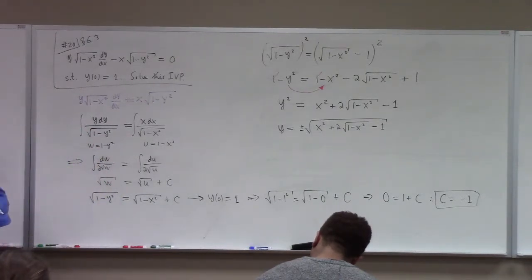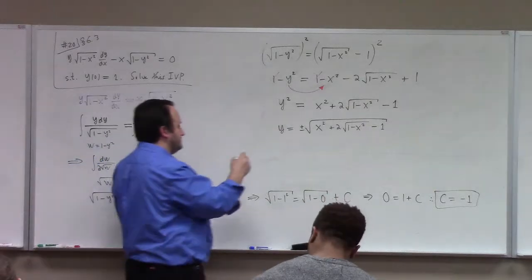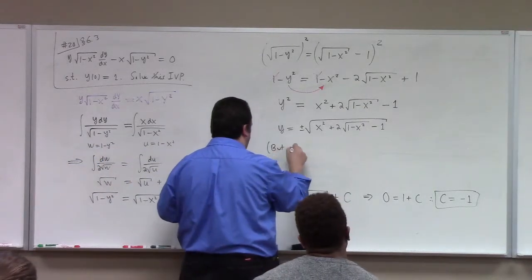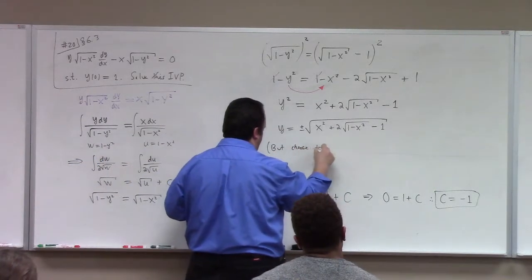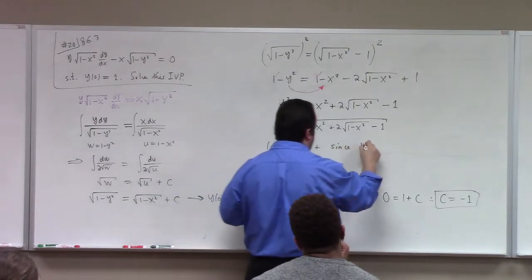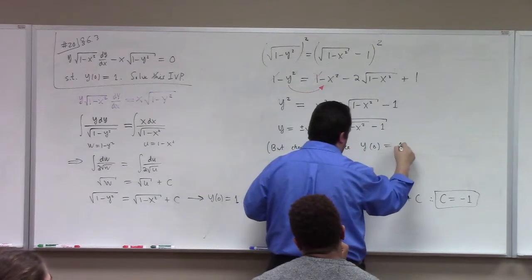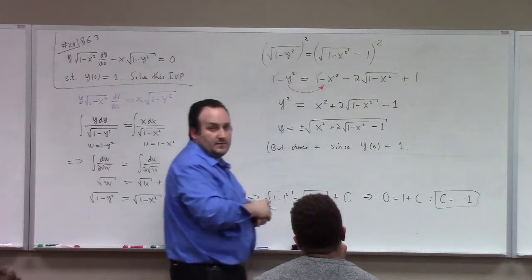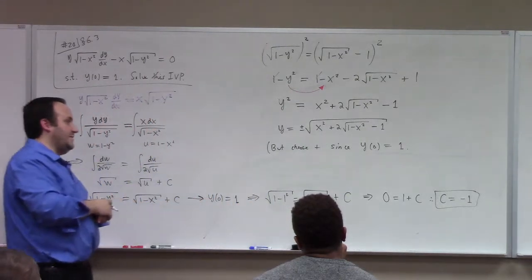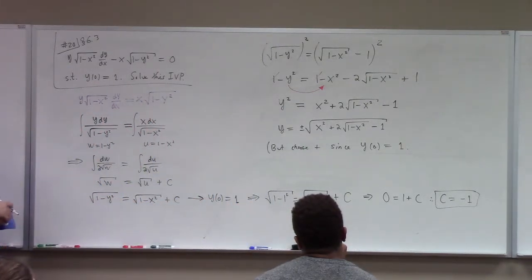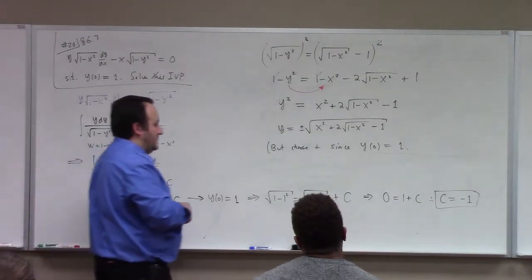Why can we choose the plus? We're given y of 0 is 1, right? So if you choose the minus, that makes y of 0 equal to -1, which is not good, because it's supposed to be 1. So we choose the plus.